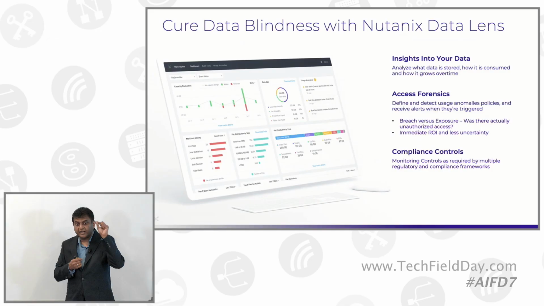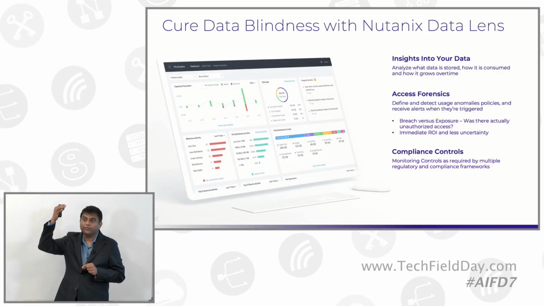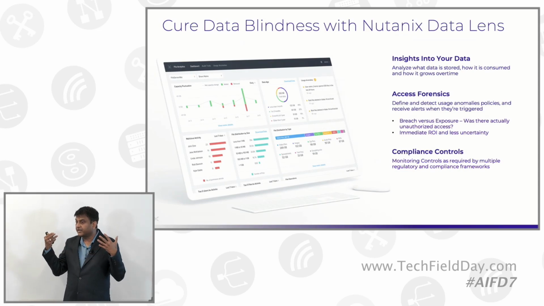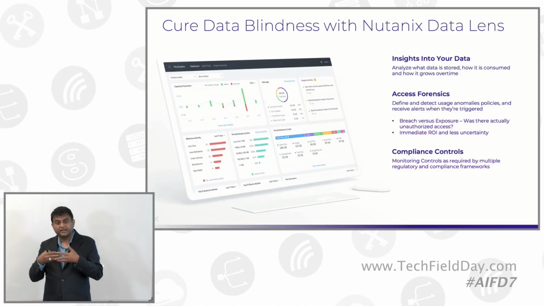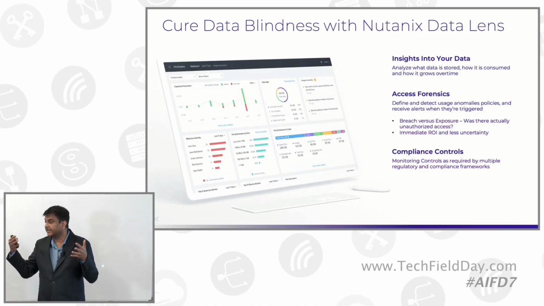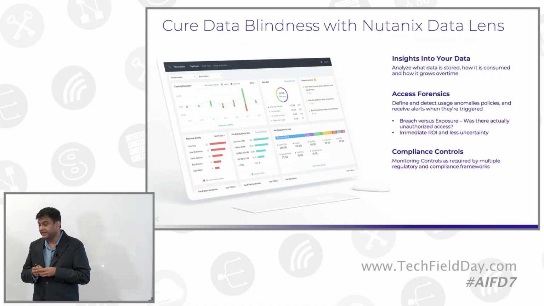You can click on a file and it can tell you which users have access to that file. Or you can click on a user and it will give you all the files and folders that user has access to. So it provides very comprehensive data analytics, both from the user and the storage perspective, that you can leverage to make sure that there's full governance built into your data pipeline.